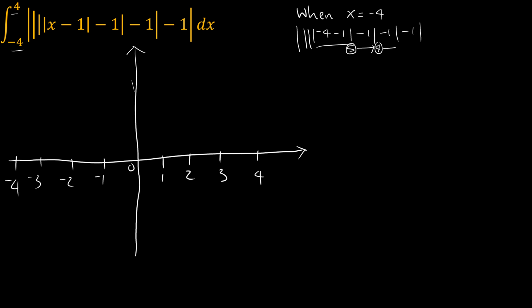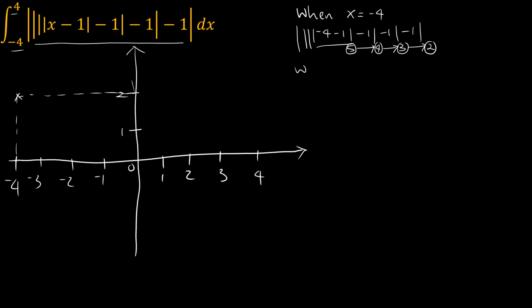Subtract 1, that goes to 3, and then subtract 1, that goes to 2. Okay, so we see that we'll have 1 here and we have 2. And we see that this function, this integrand here, is linear. So we're just going to be drawing a straight line.